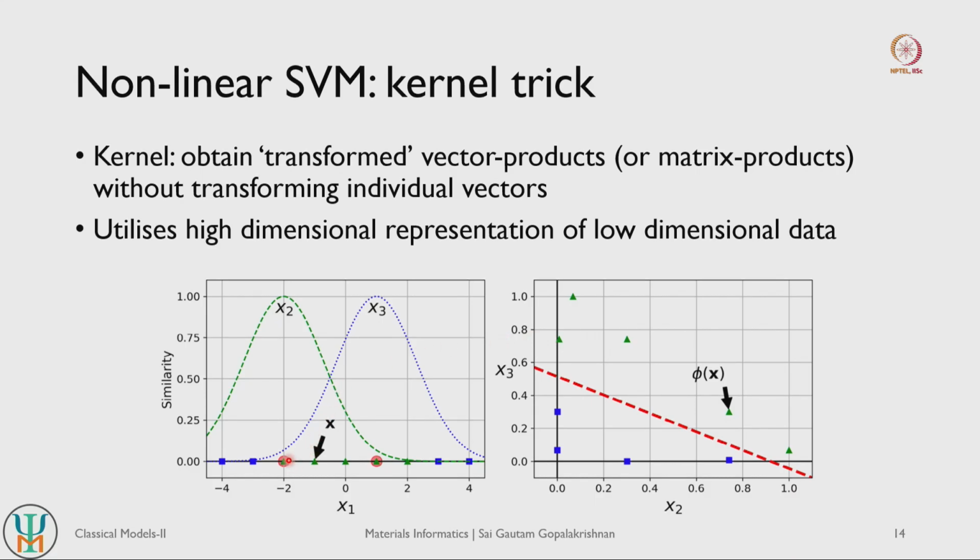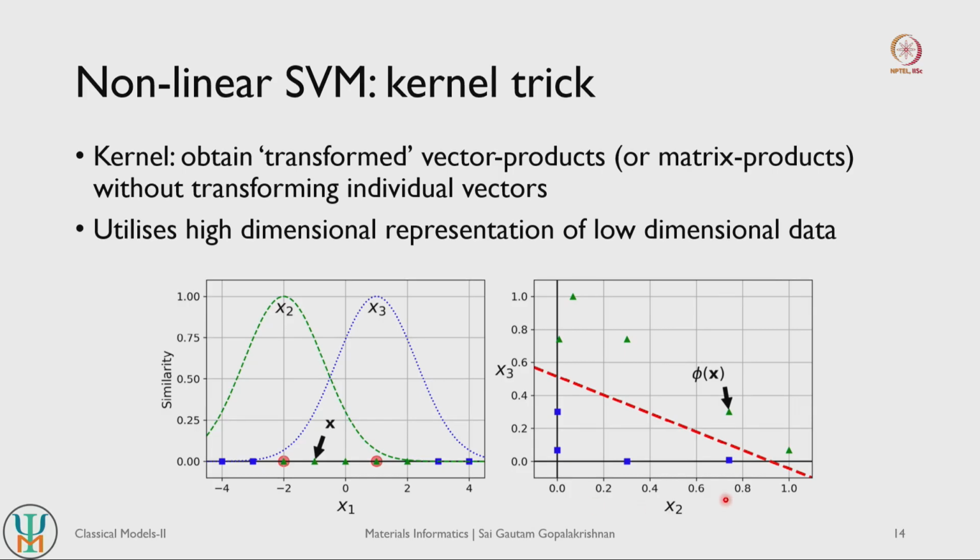They basically transform data from one feature representation to a different feature representation, and they help in the accuracy of models. You can also think of kernel tricks as a higher dimensional representation of low dimensional data, right. For example, the initial data that we had was one dimensional, so it was only varying with x1 as our feature here, but once we use these two Gaussians here, our data now becomes two dimensional.